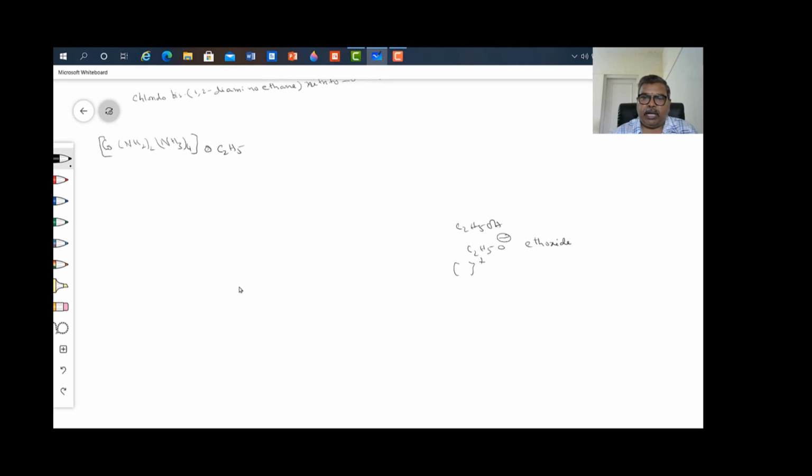Now what is the name of the NH2 group? NH2 minus, this you already know, is the amide ion. In coordination chemistry it is called amido. Between amido and amine, which comes first? The first point of difference, second point of difference, they are the same, but in the third point of difference amido will come first.